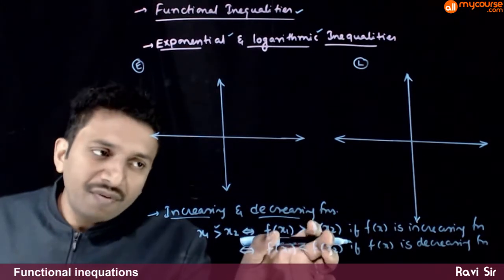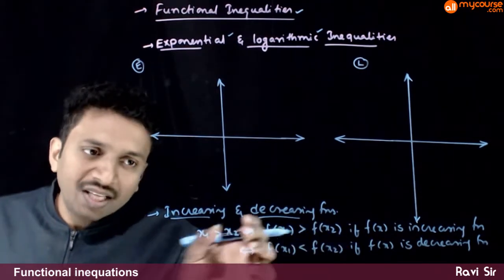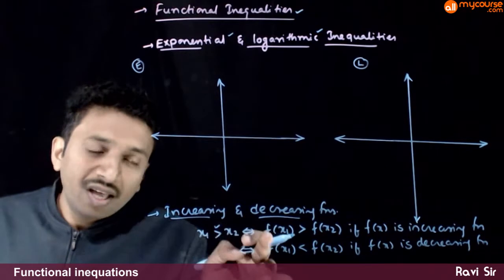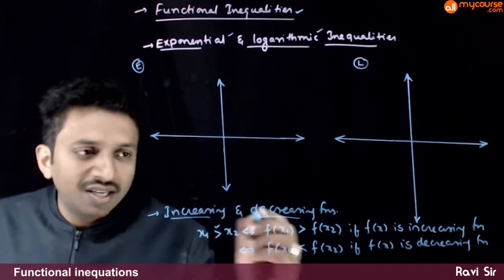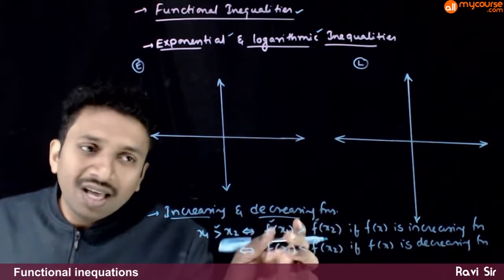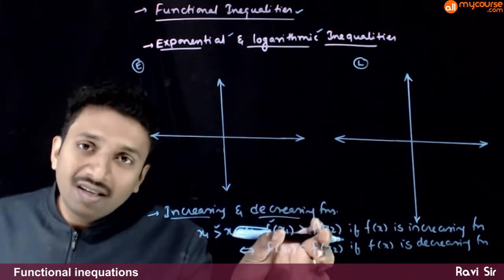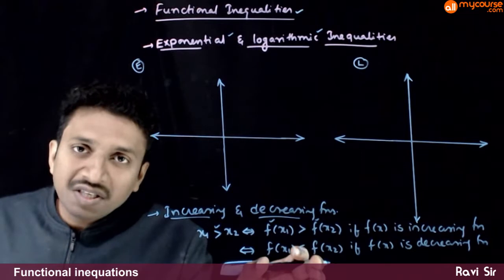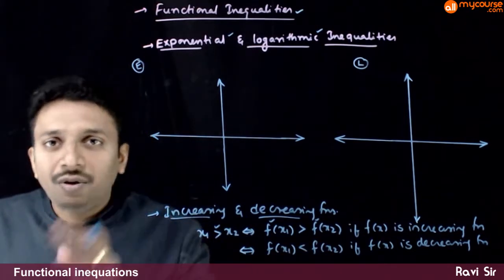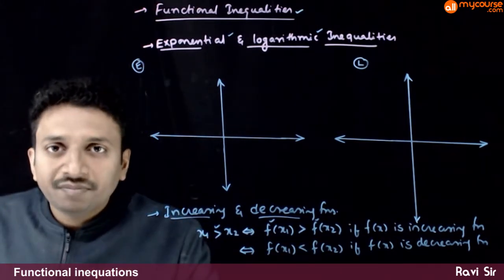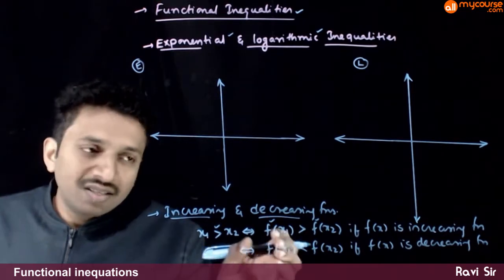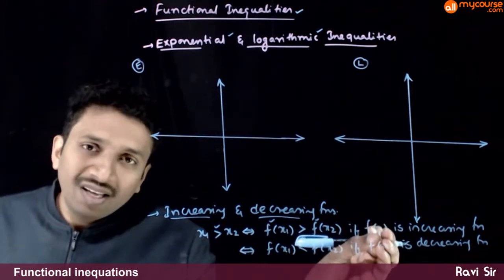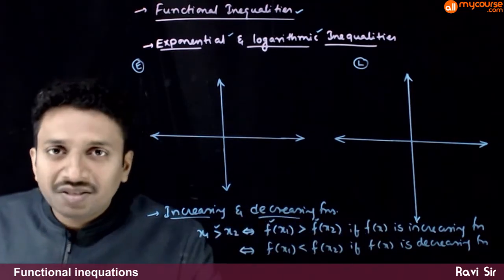If f of x1 is greater than f of x2, then x1 will be greater than x2 if f is an increasing function. That is, an increasing function can be removed and the arguments follow the same inequality. If a decreasing function is removed, the arguments follow the reverse inequality. So this is the concept of increasing decreasing function inequalities.